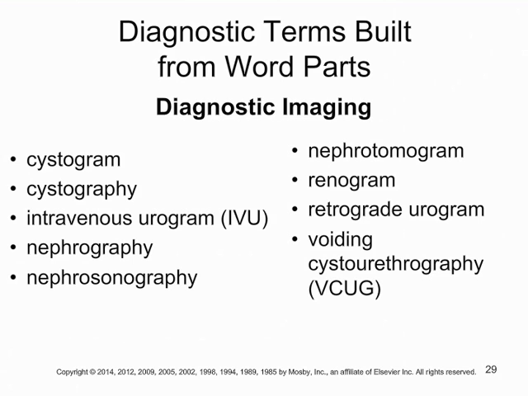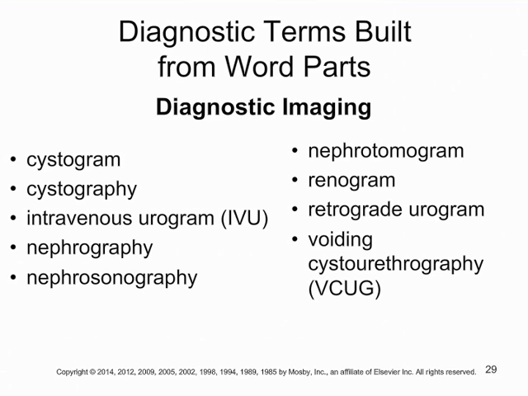And because of that, just keep in mind the difference in the suffixes. Gram is the image itself. Graphy is the process of gathering that image or taking the actual radiographic X-ray. So cystogram is the image of the bladder, whereas cystography would be the actual imaging of the bladder.